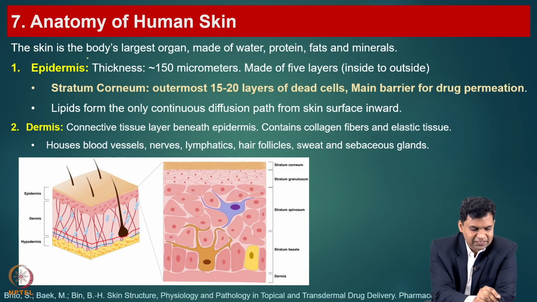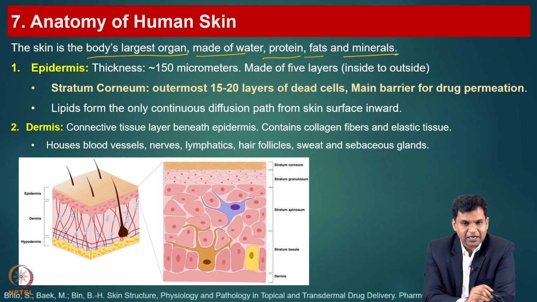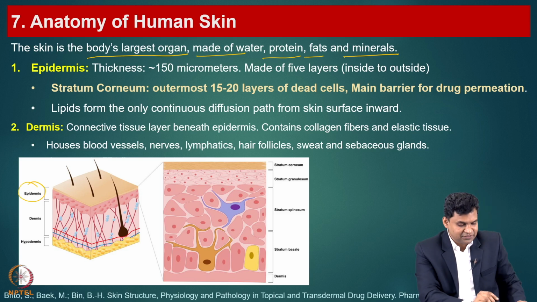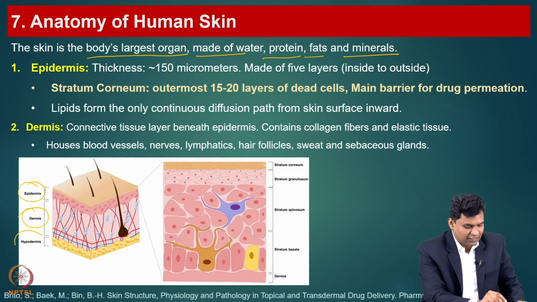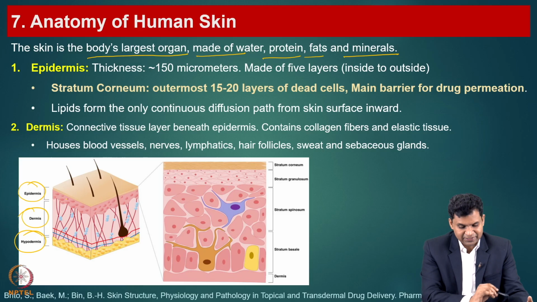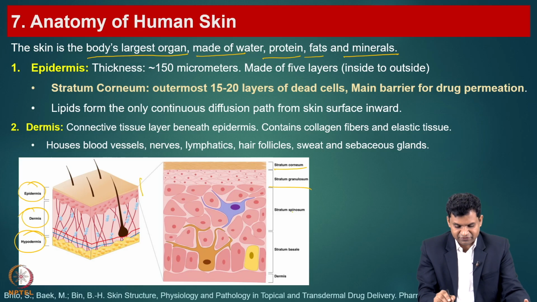We know that skin is the body's largest organ, made up of water, proteins, fats and minerals. It also has various layers in its structure: you can see the epidermis, the dermis and the hypodermis. The outermost layer is the epidermis, and this epidermis again has 5 different layers, including the stratum corneum and other strata.